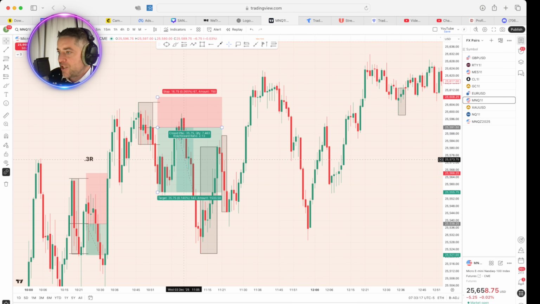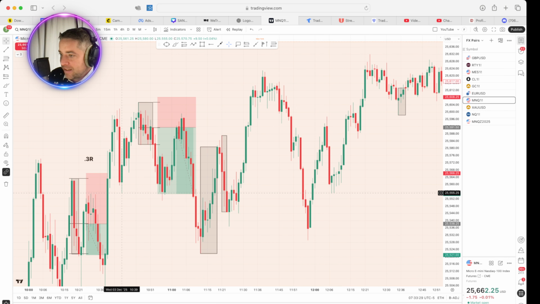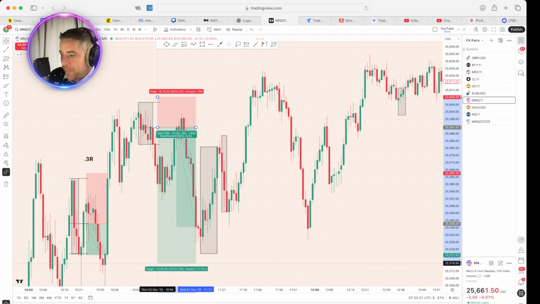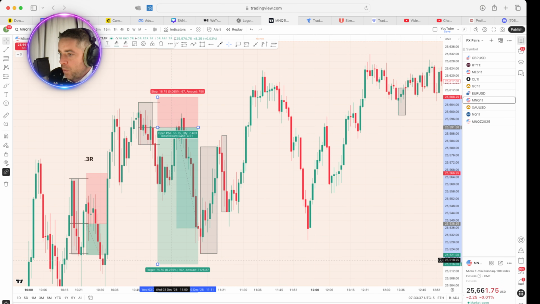And that is a 2.13 to 1. That hits quite nicely. The next area would probably be sort of here, but we would be at break even, as you can see. So what did we get there?